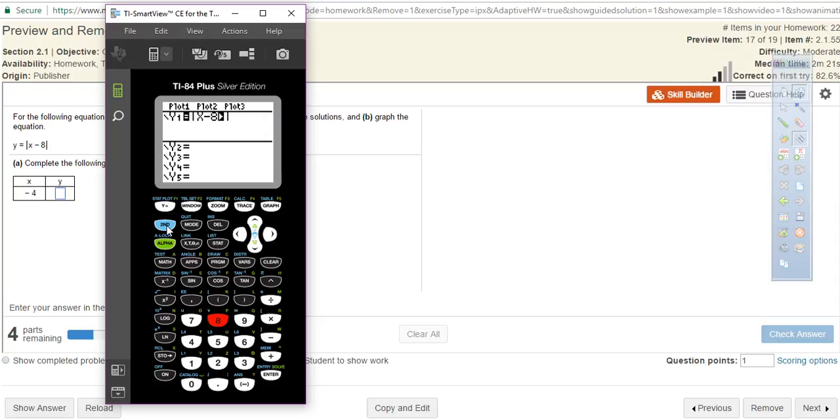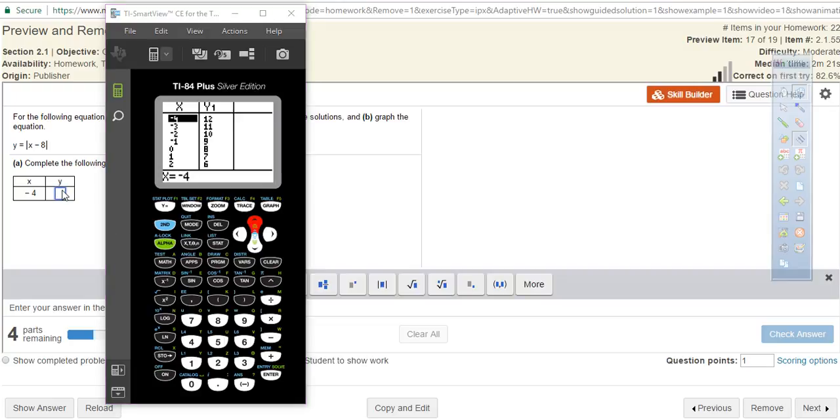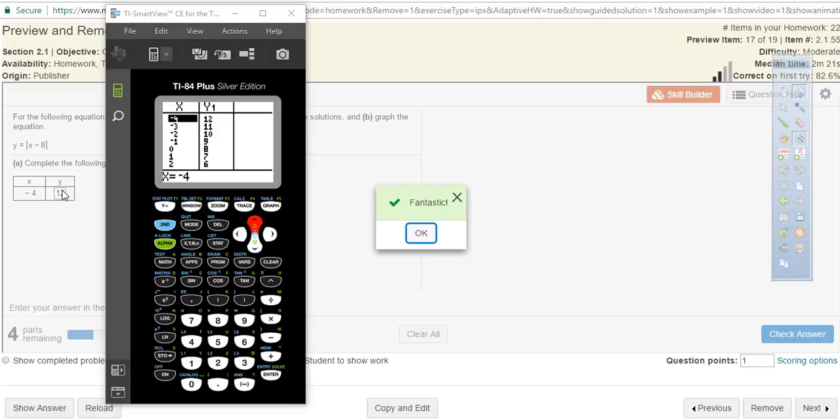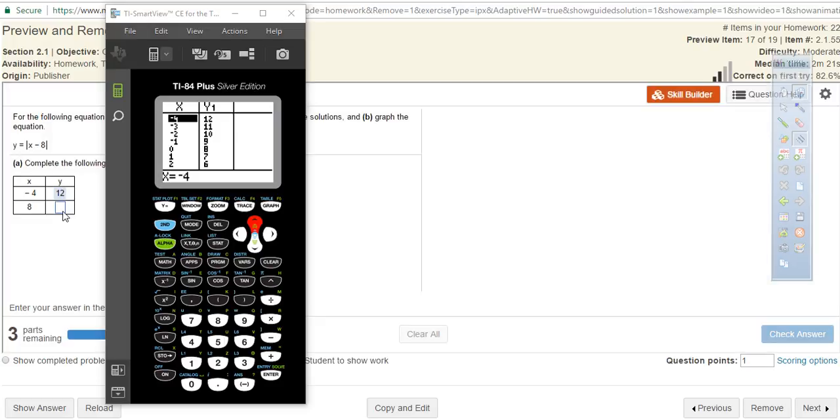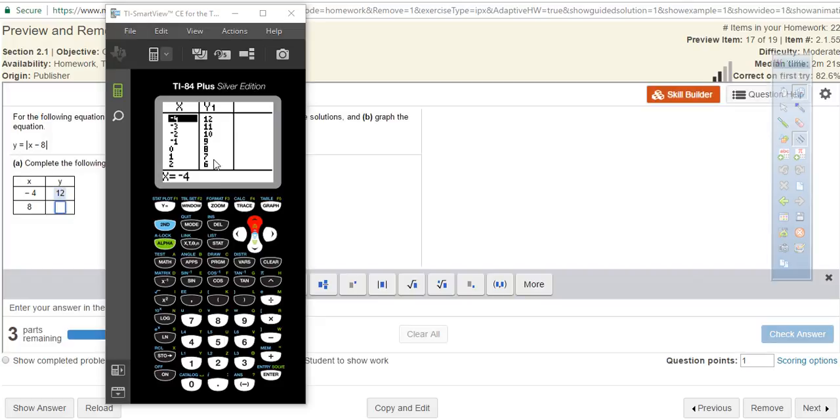Let's go to our table. So second table. Hit rewind as needed. Remember, you go back and rewatch this. I know I'm going somewhat quickly. I type in 12. Good job. It says at +8, so I got to go down to +8 here and see what I get. At +8, I get 0.